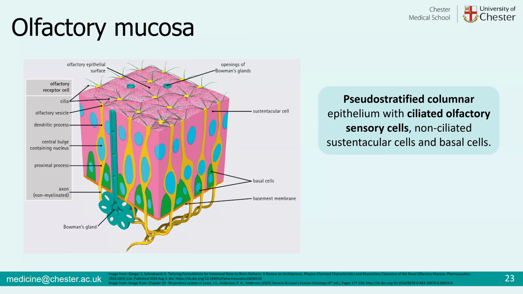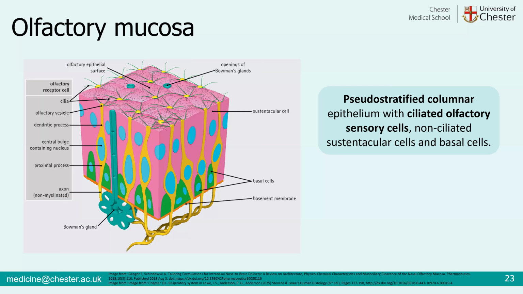These aren't cilia in the sense of being motile, but they have odorant receptor molecules on them. So they're to do with detecting odorant molecules, so in terms of smell detection. And then extending downwards, we have these proximal processes which penetrate the basement membrane.